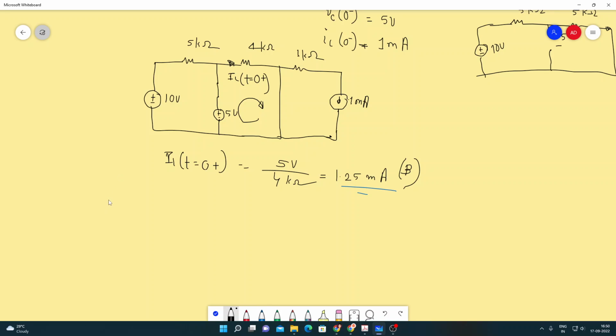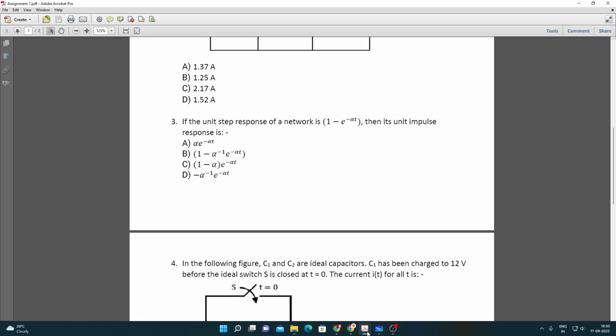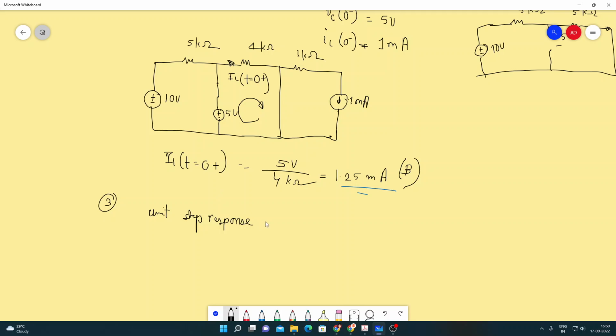So next is the third. We are with the unit step response is 1 minus e to the power minus alpha t. Find out the unit impulse response.